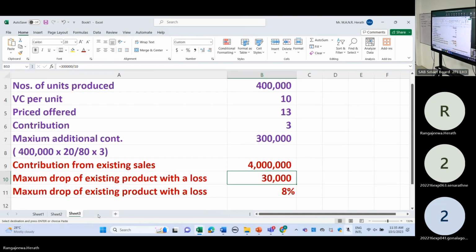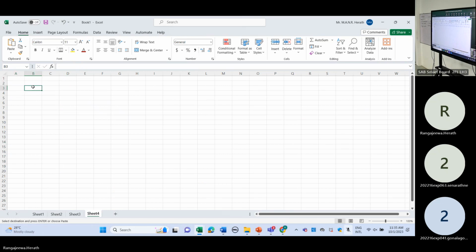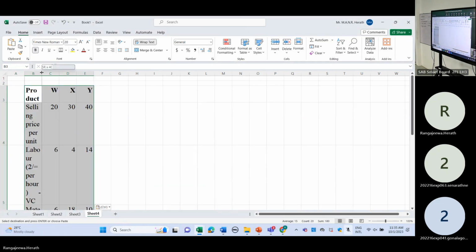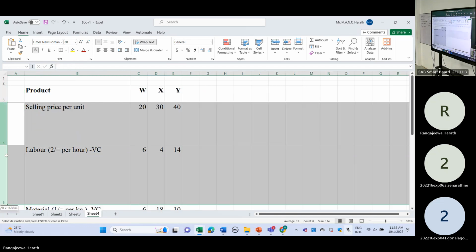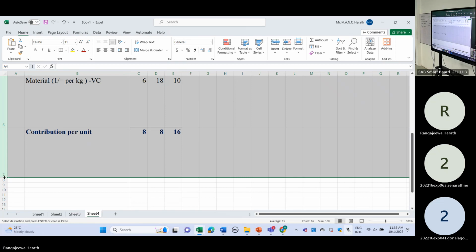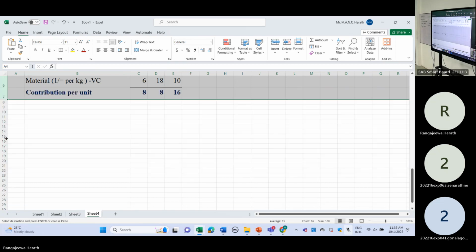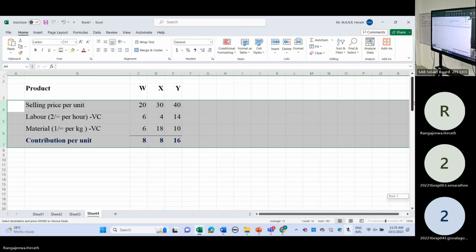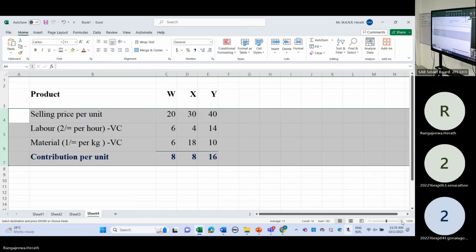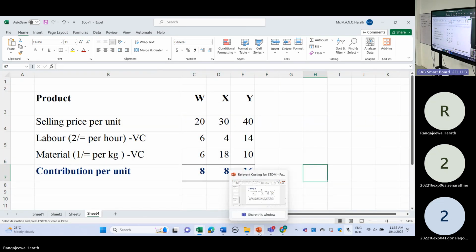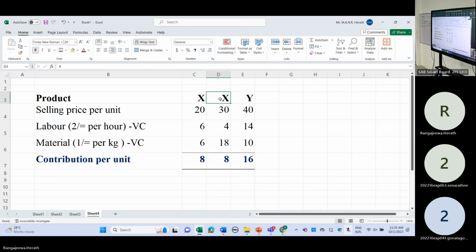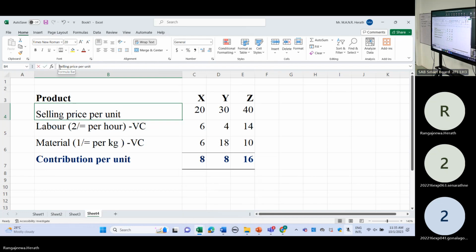The product: the products are X, Y, Z. The selling price, we have the total sales revenue.